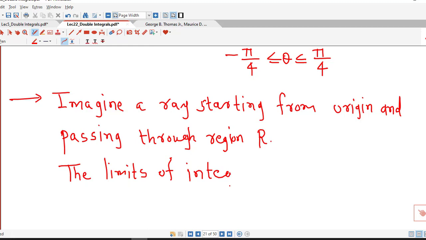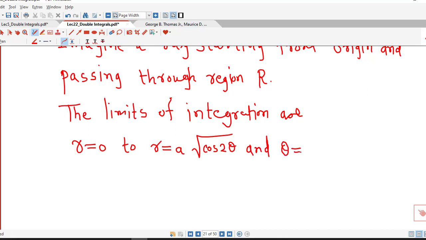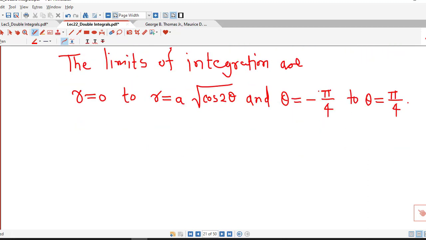The limits of integration: r is starting from 0 to r equal to a times square root of cos 2 theta, and theta is from minus pi by 4 to theta equal to pi by 4.